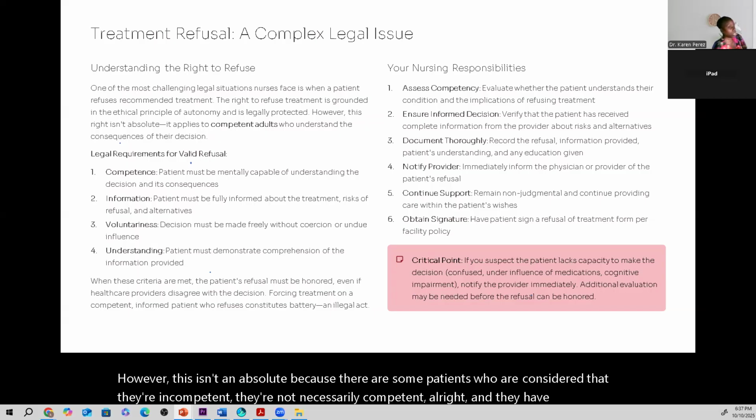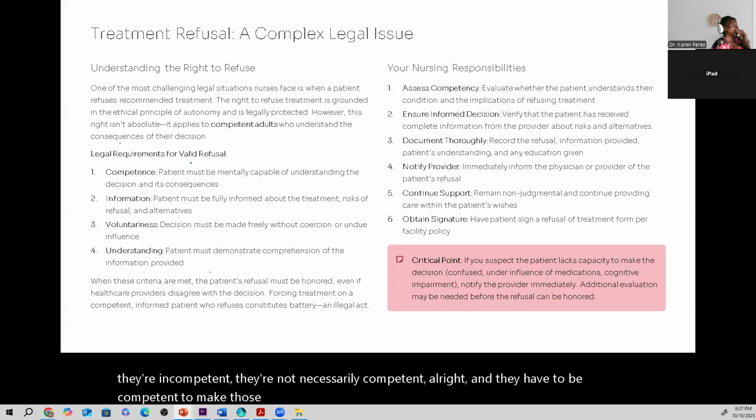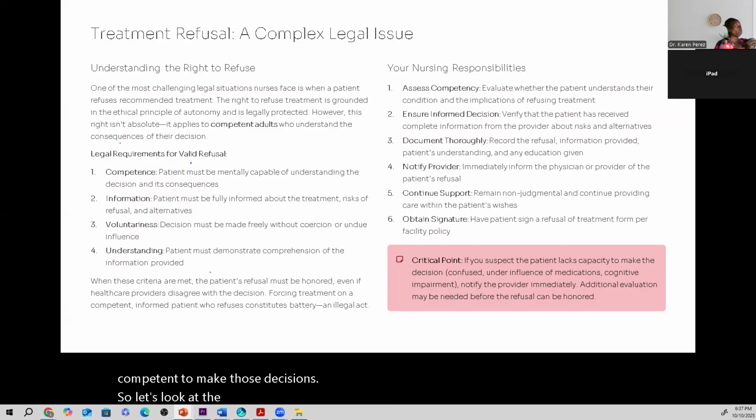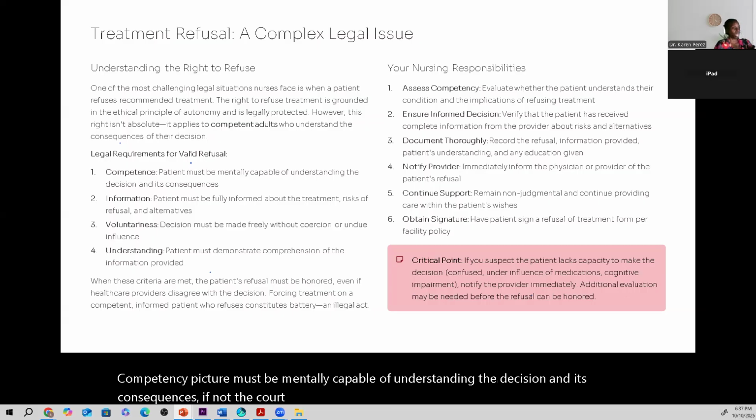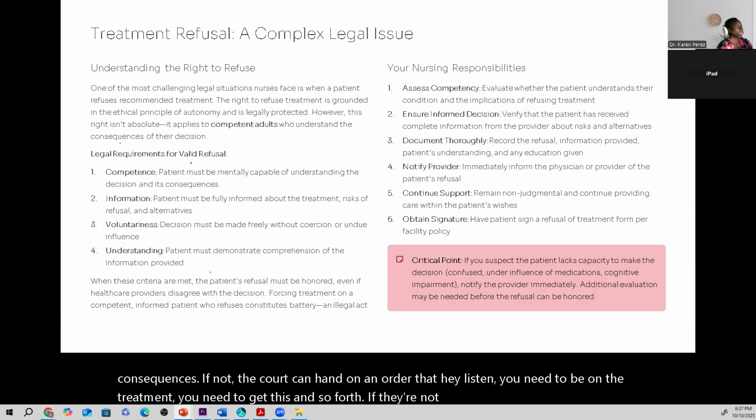They have to be competent to make those decisions. So let's look at the legal requirements for valid refusal. Competency: the patient must be mentally capable of understanding the decision and its consequences. If not, the court can hand down an order that, hey, listen, you need to be on the treatment, you need to get this, and so forth.